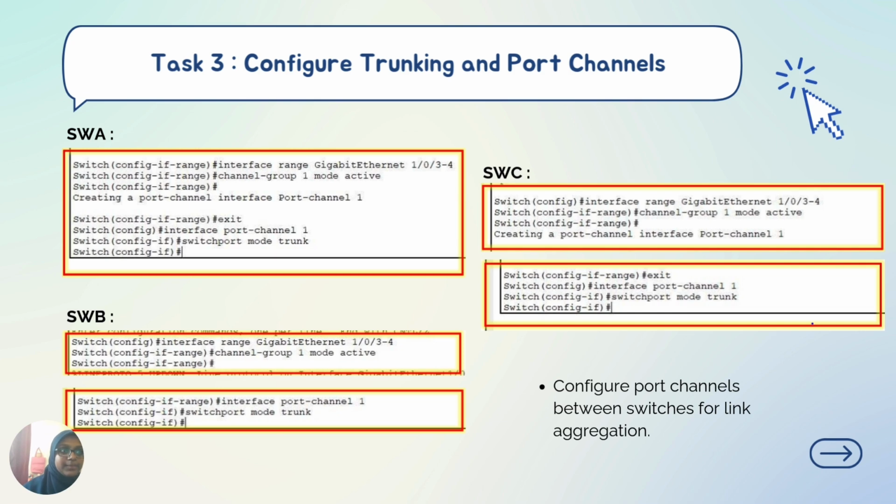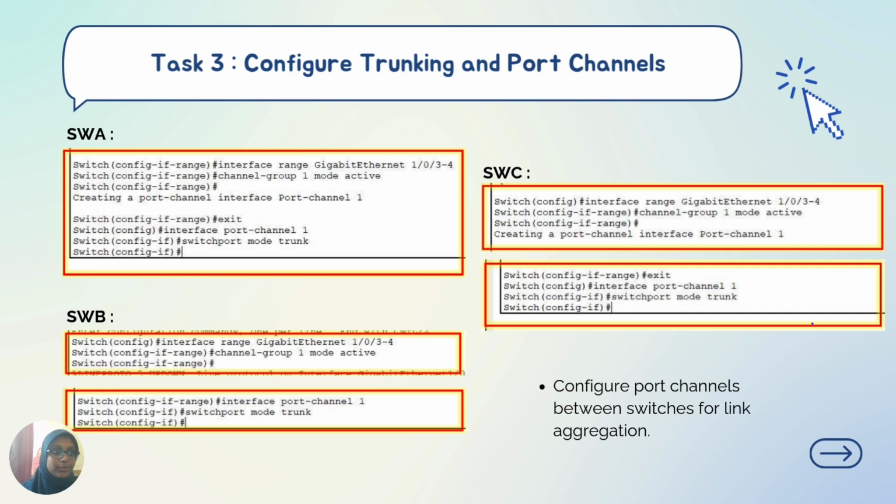By assigning these ports to the same port channel 1, using the channel-group command in mode active, we enable Link Aggregation Control Protocol (LACP), which dynamically negotiates and manages link aggregation. Once the port channel interface is created, we exit the interface configuration range mode and switch to the newly created logical interface, port channel 1.